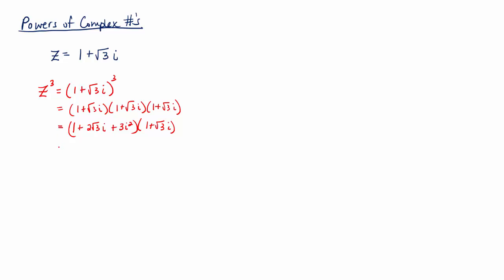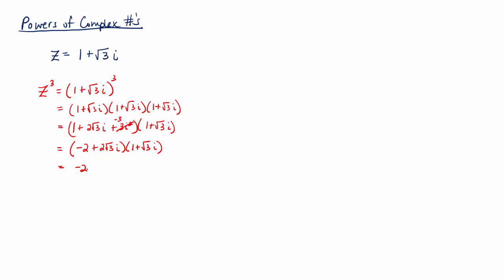So in the classwork, you actually learned a shortcut, which I'm going to do in a second. I'm just going to finish this first. i squared, that's really -1. So let's change that to a -3, and we can simplify this a little bit. We get -2 plus 2 root 3i. And let's do the final multiplication here.